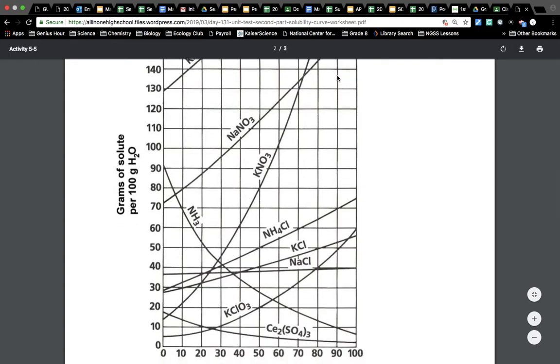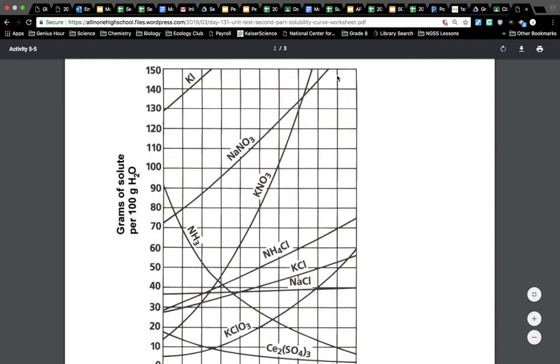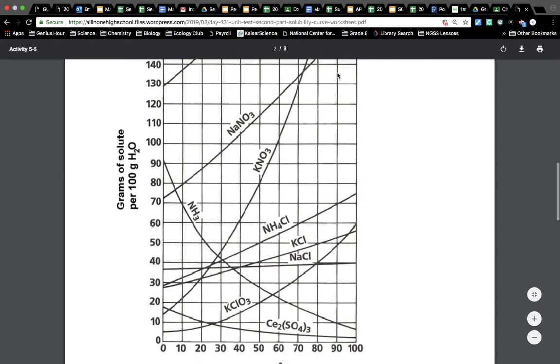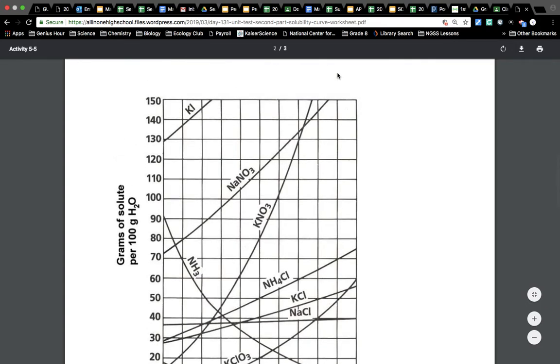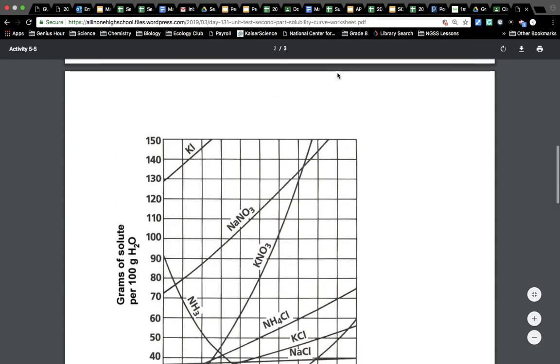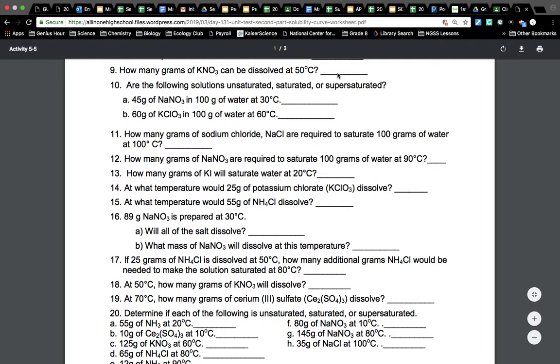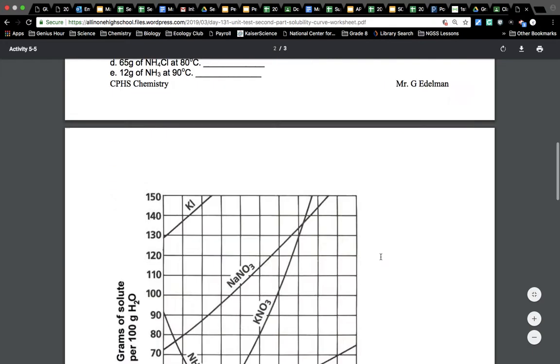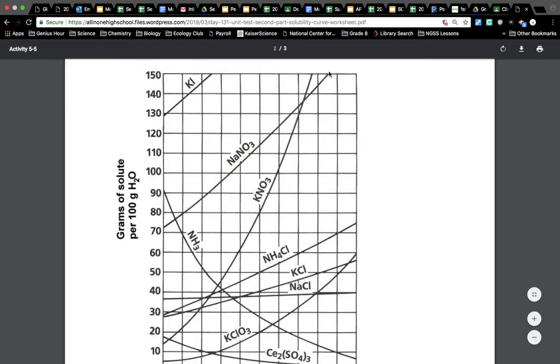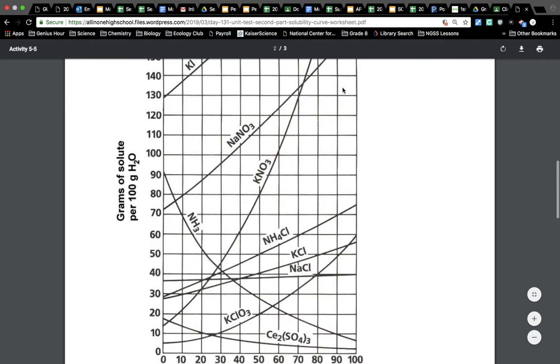Let's just make sure I'm reading it right. 90. It's funny because that answer that they, let's make sure that I've got this right. Yeah, sodium nitrate at 100 degrees Celsius.